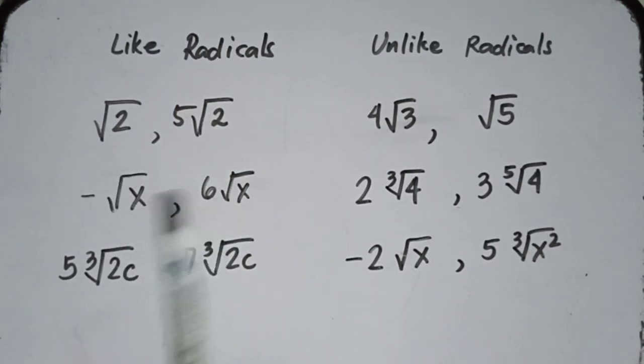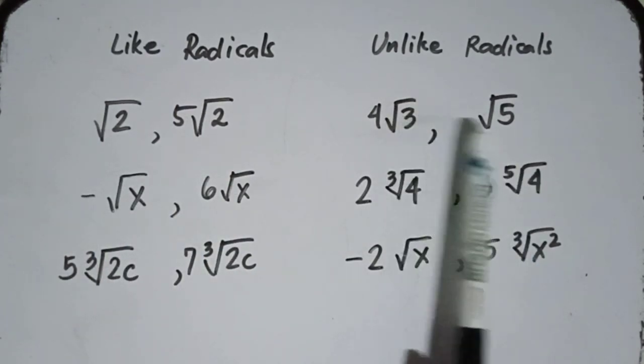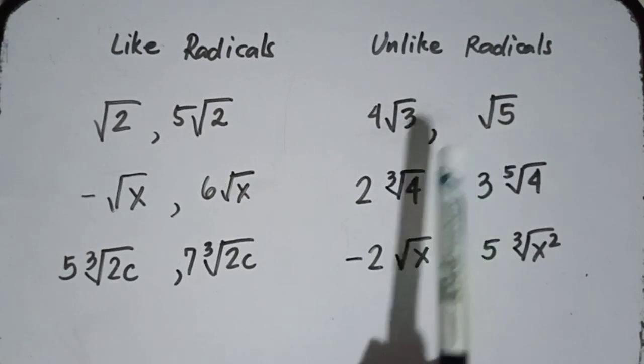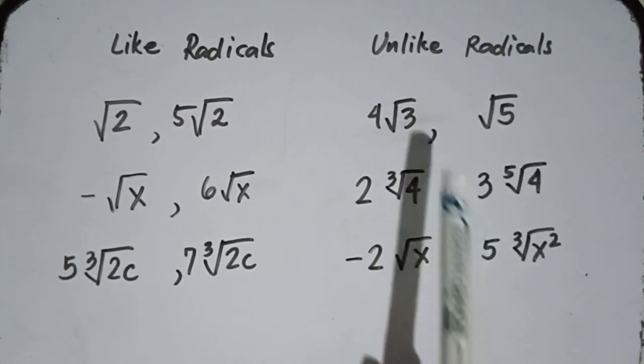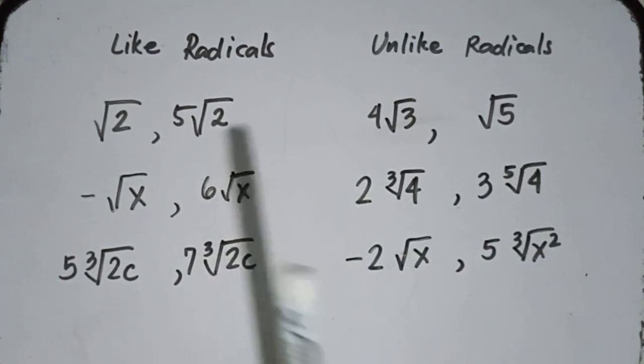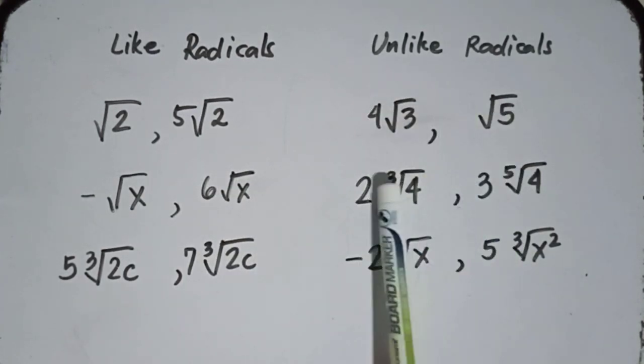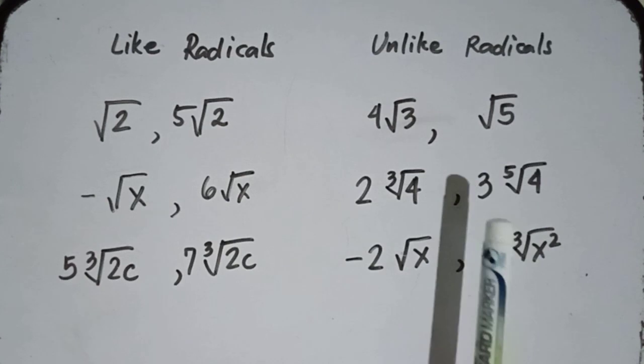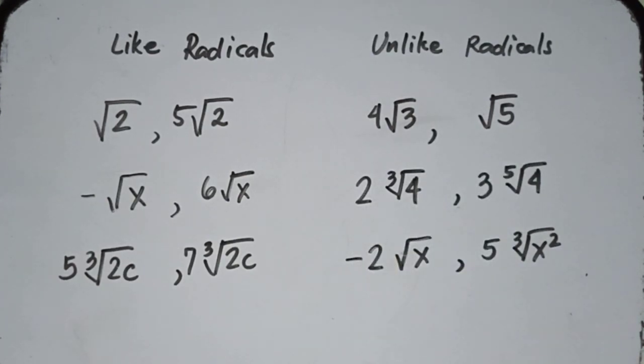As well as this one and then this one. Pero kapag unlike radicals, hindi mo pwedeng ipag-combine sa iisang radical. But instead, you indicate the sum of these two expressions by putting a plus sign between them. Okay? So, let's have some examples para mas maintindihan natin.